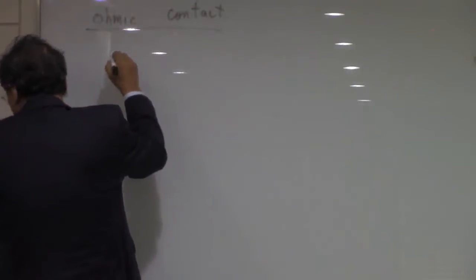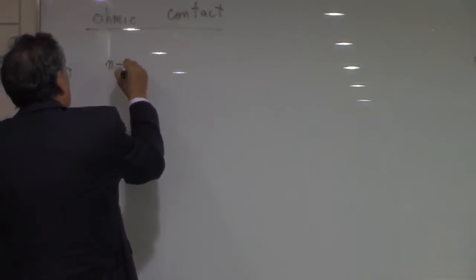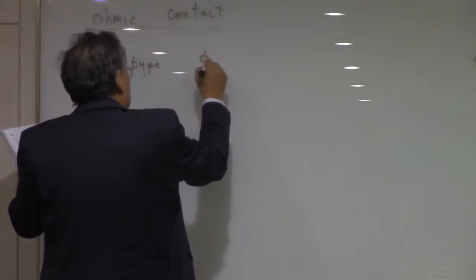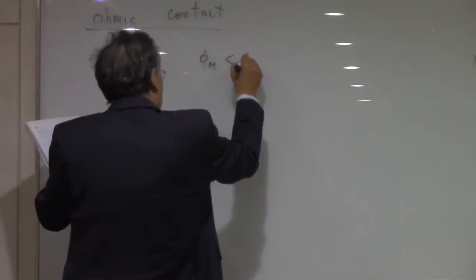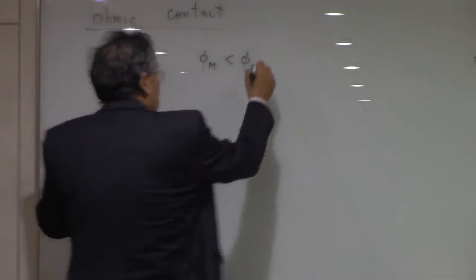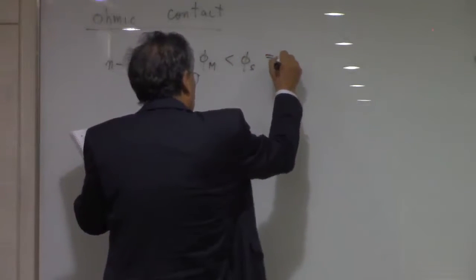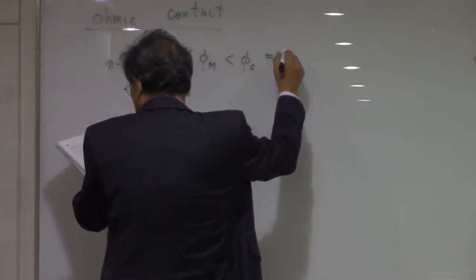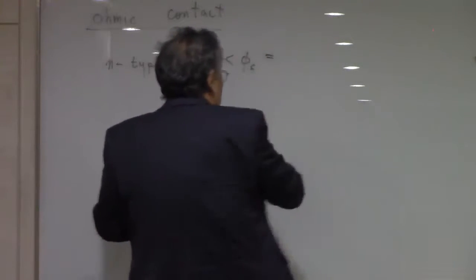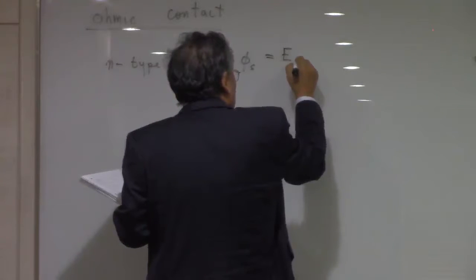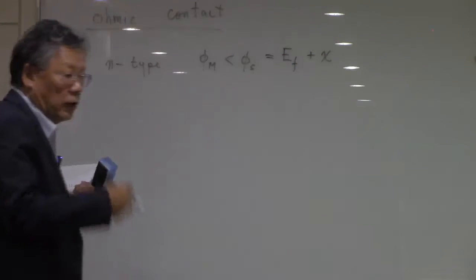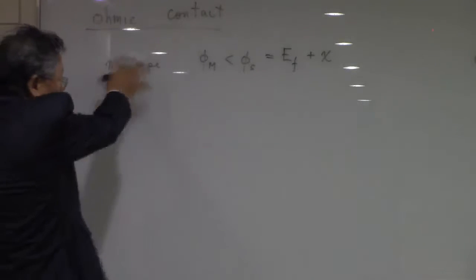So for an ohmic contact, if the semiconductor is n-type, then the work function of the metal should be less than the semiconductor work function. And the semiconductor work function is nothing but the Fermi energy plus the affinity, according to the band diagram that I just erased.